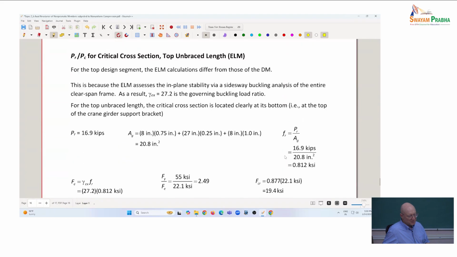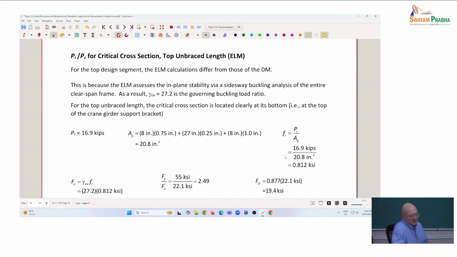For the top, things are different though. When we do the direct analysis method, we're relying on the stiffness reduction and any out-of-plumbness or notional load to cover the in-plane stability. So it was a relatively simple assessment.